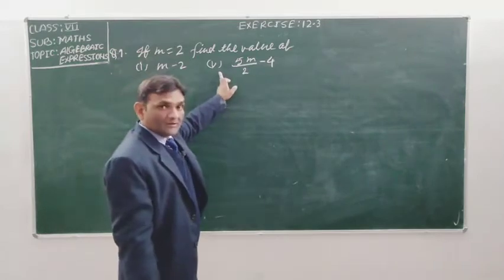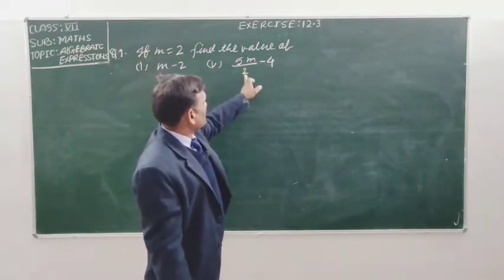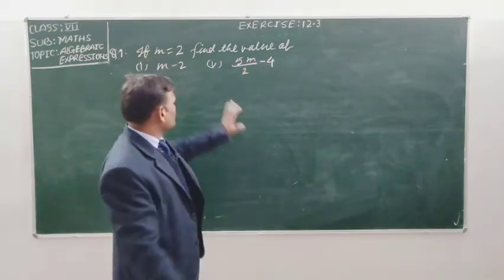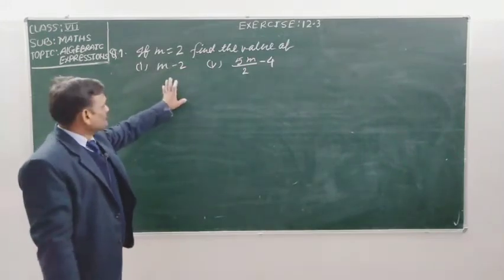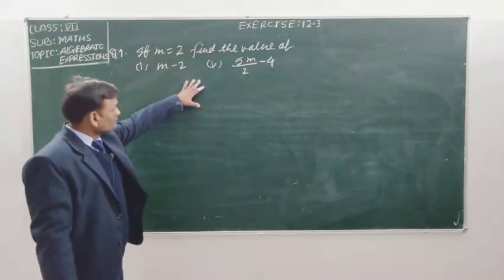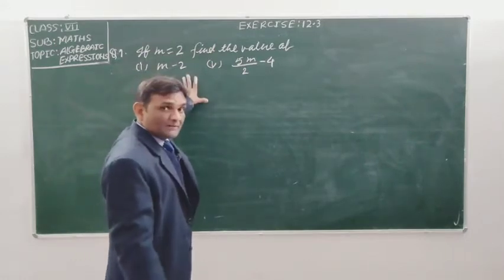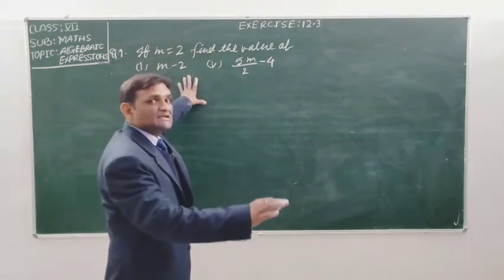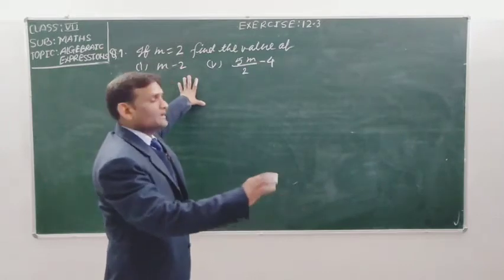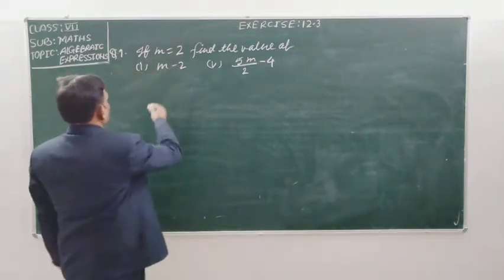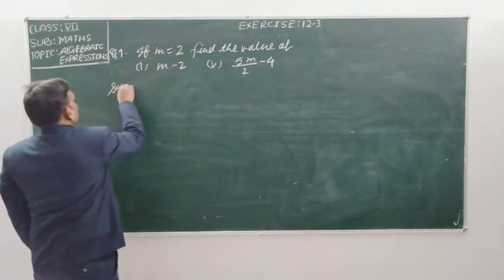And the fifth part is 5m upon 2 minus 4. There are many parts given in this question. I am taking only two important parts. If you are able to understand these two parts, then you can easily solve all the remaining parts of this question. So, student, I am going to solve this question.